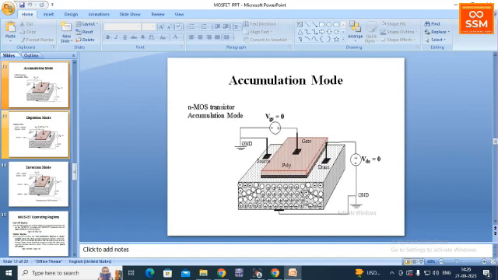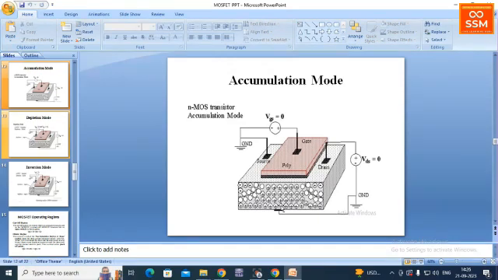In between the source and drain, it is completely accumulated with charge carriers, that is, holes, because the p-type semiconductor material is used as the substrate for this MOSFET. Completely the holes are accumulated in this particular region, and that's why this mode is called accumulation mode.